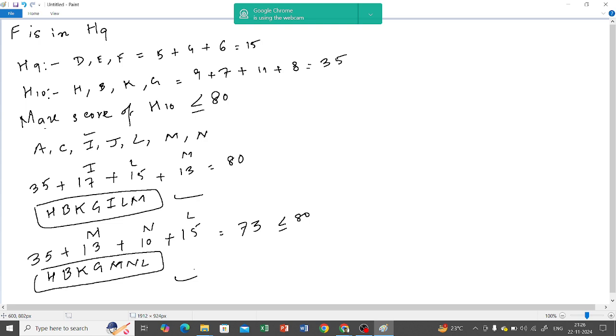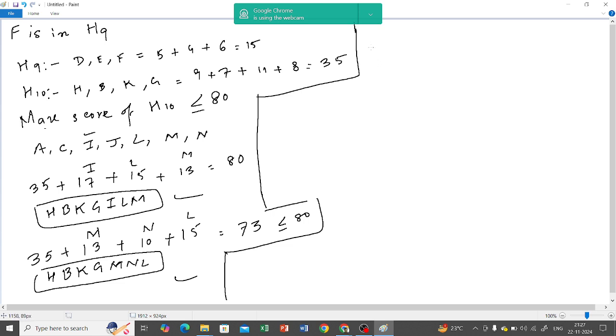Okay, so this is a valid team again, H, B, K, G, M, N, L. Okay.